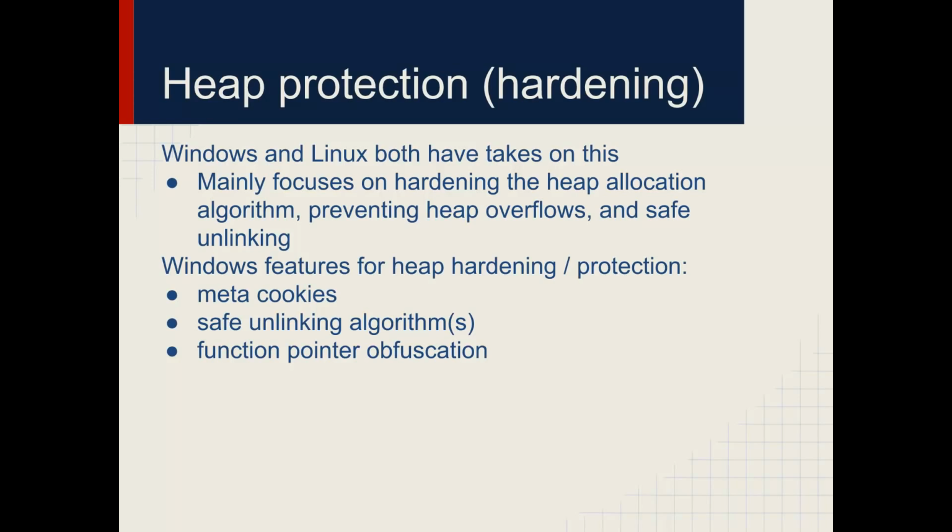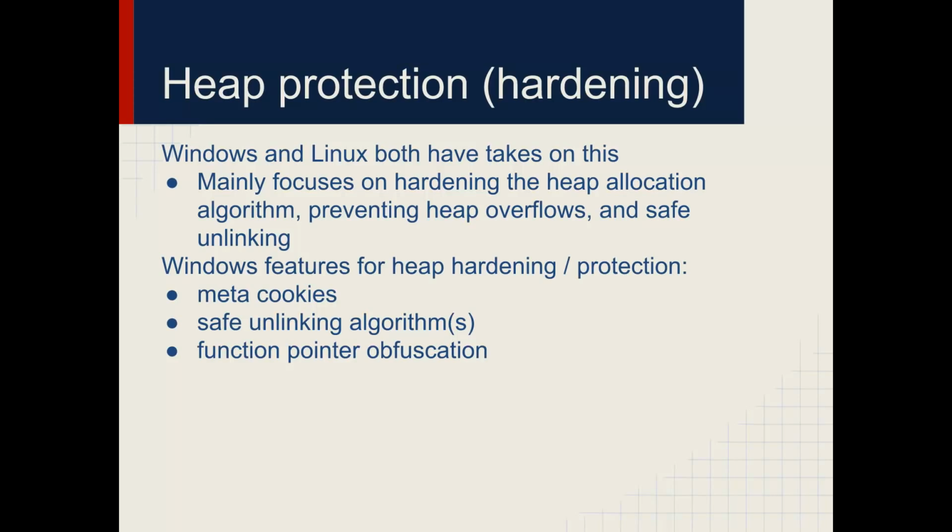Heap protections in Windows are a bit better than Linux. There's no dlmalloc safe unlink implementation, as we just demonstrated exploiting earlier. The Windows take on this focuses on hardening the heap allocator algorithm, preventing heap overflows, and implementing safe unlinking.